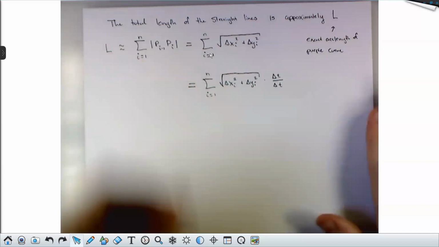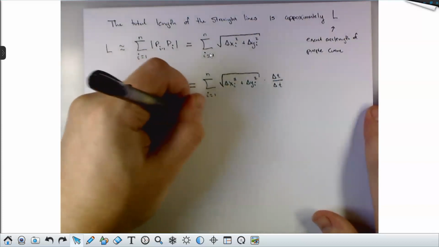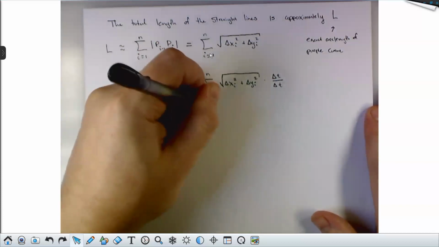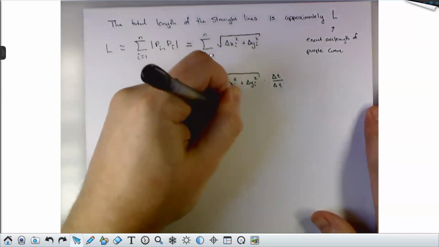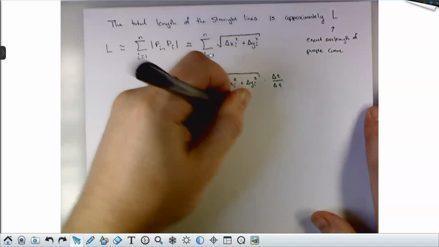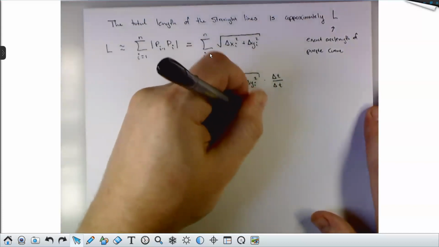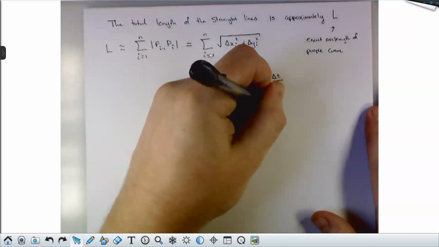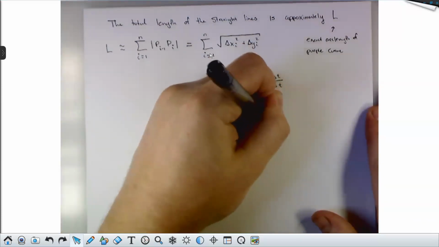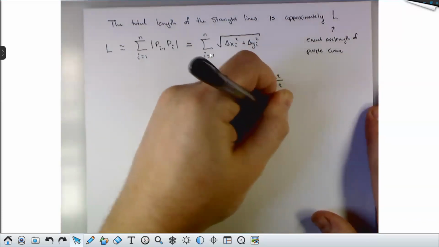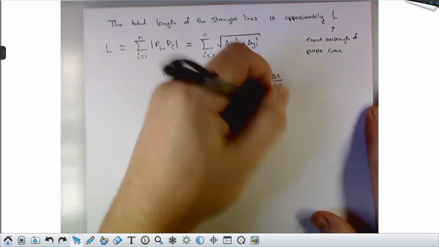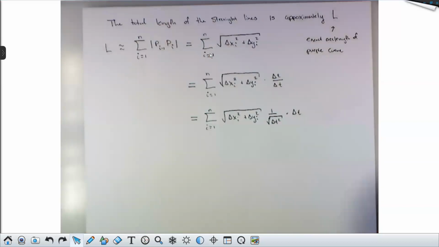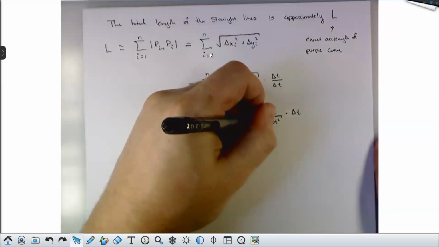And then the delta t, which is downstairs, I'm going to write as the square root of delta t squared. The delta t, which is upstairs, I just peel him off of that fraction and let him chill.